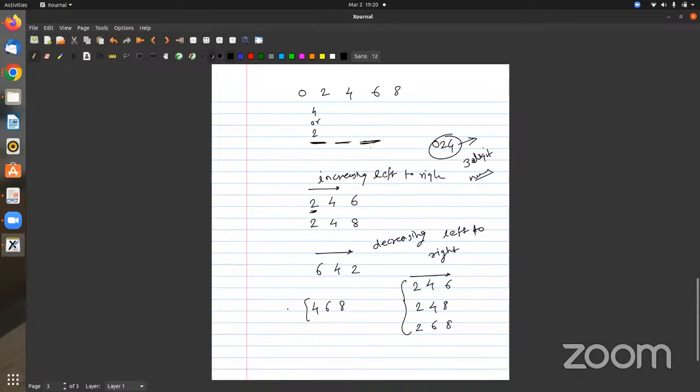Now, all decreasing from left to right. What are the possibilities? 8, 6, 4, or 8, 6, 2. Any other number? 860, 642, 640.